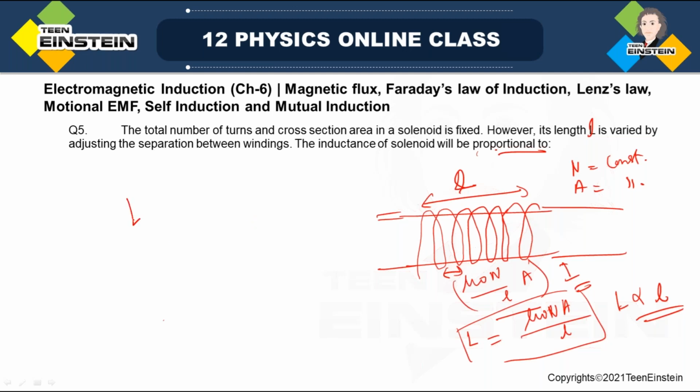So see here, the options are whether it will be proportional to 1 by L, 1 by L square, or it will vary with L, directly proportional, or D option.